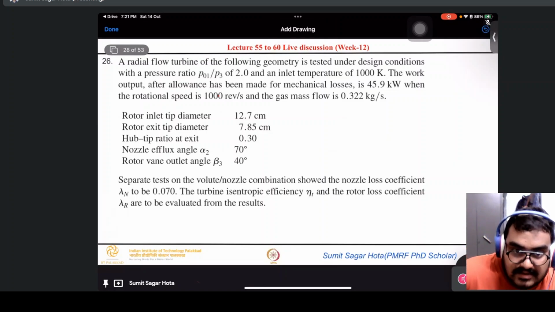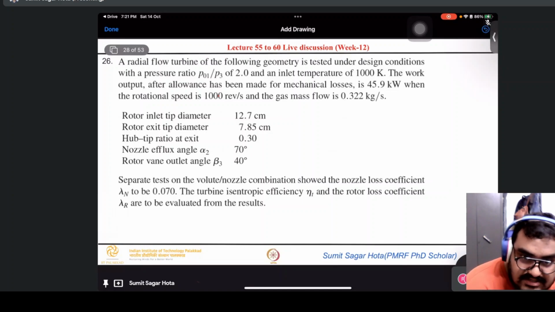Ratio at inlet, work output after the allowance has been 1000, and the gas mass, the tip diameter, at the tip the flow angle is 70 degrees.